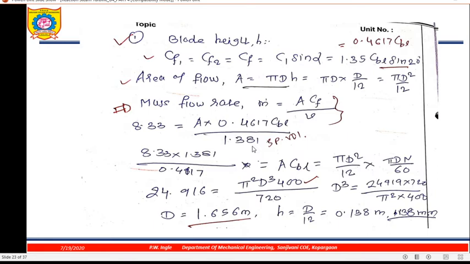Okay. So here you see, area into CBL you are getting. Now what is area? It is pi D square by 12. So pi D square by 12 into what is CBL? It is pi D N by 60. So finally you are getting the value of diameter 1.656 meter, and H equal to D by 12. So it is what? 0.138 meter.